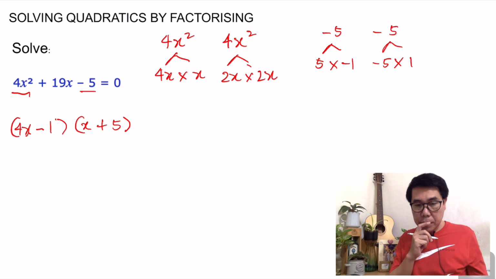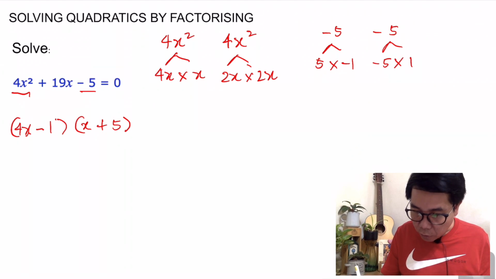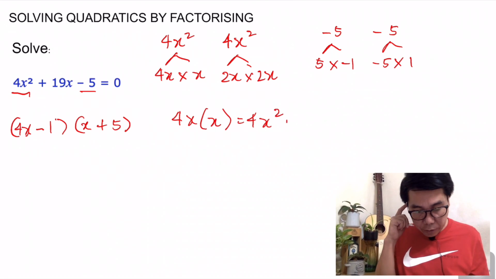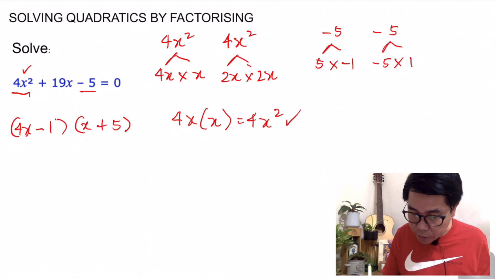So if we are going to check it, let's say 4x times x is equal to 4x squared. This one is correct. Now let's try this one. Negative 1 times 5 is equal to negative 5.